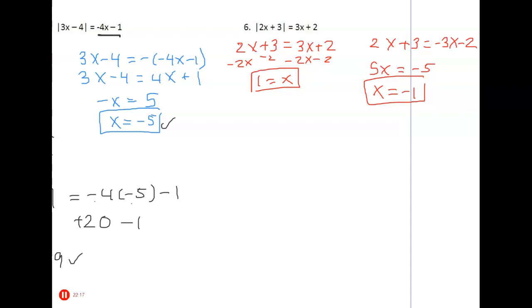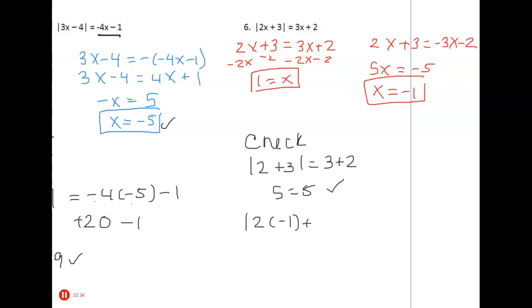Check them both. Five equals 5 for +1. -2 plus 3 is 1. So you get 1. -3 plus 2 is -1. So -1 does not equal 1. Therefore, this is an extraneous solution.